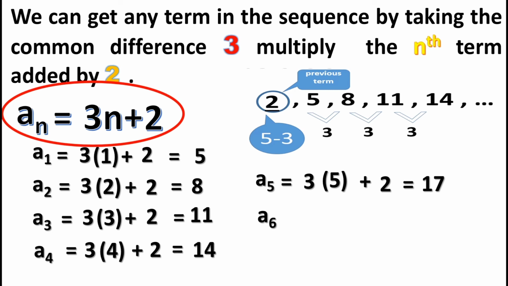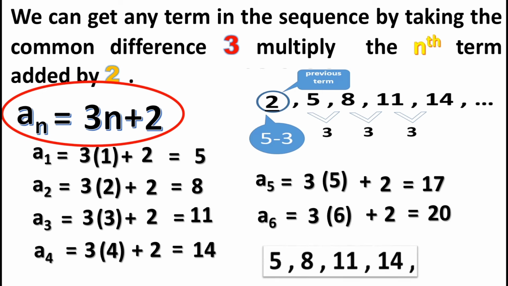Very good. How about a sub 6? A sub 6 is equal to 3 times 6 plus 2 is equal to 20. Very good. Therefore, the given sequence is 5, 8, 11, 14, 17, and 20.